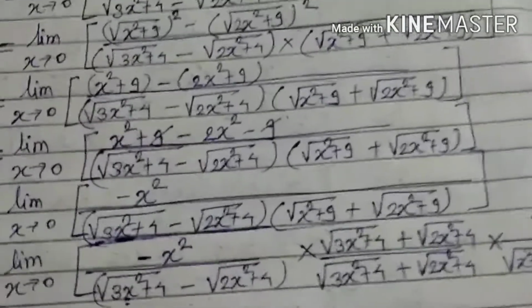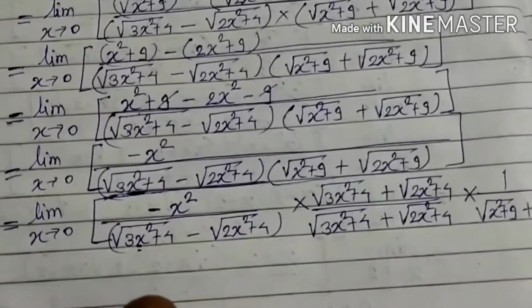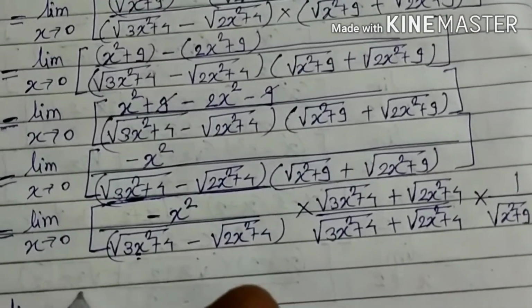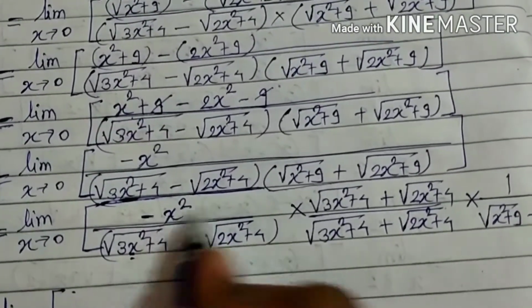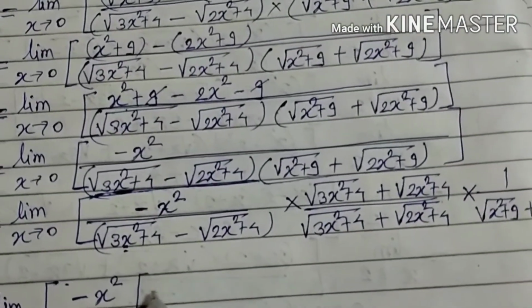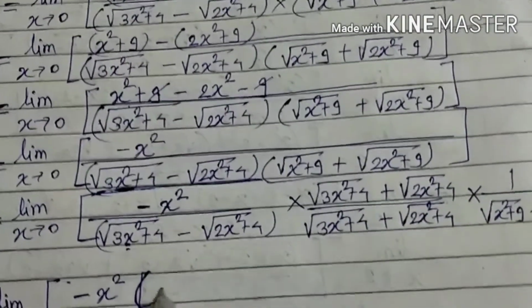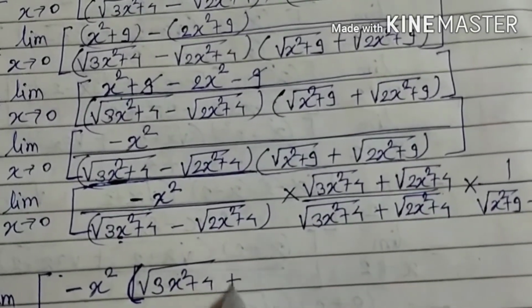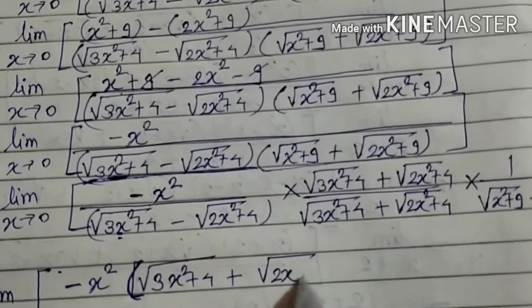Okay, now in the next step limit x tends to 0 minus x square, and the next term or simple bracket under root of 3x square plus 4 plus under root of 2x square plus 4.